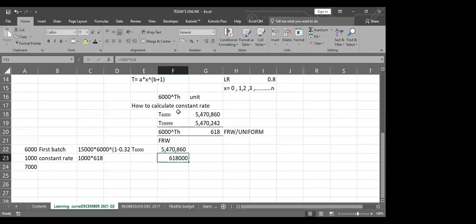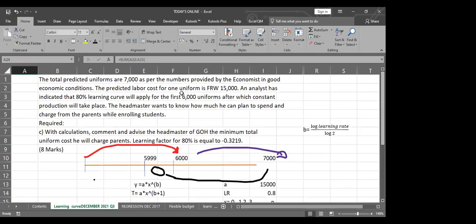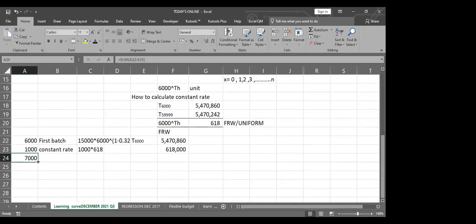Where did you get this 1,000? It is the difference. The target, the predicted, was to make 7,000 uniforms. The first batch is already out, which is 6,000, so the second batch is the balance. That's why I've added to this, because this is the total prediction.